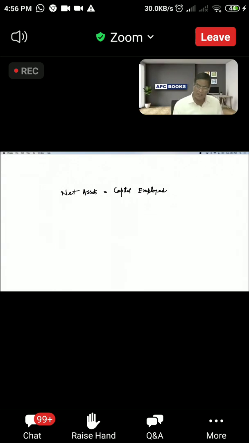Turnover means sales, that is revenue from operations. So the formula is quite simple: net assets turnover ratio is revenue from operations divided by net assets.